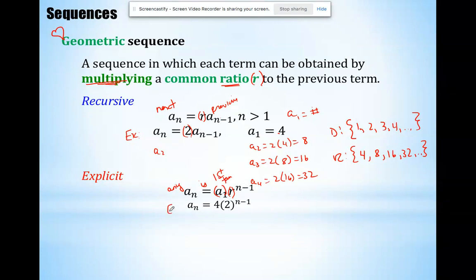The thing with explicit is you do need to know the first term. So for our example, where our first term was 4 and our common ratio was 2, check it out. Does that work for a sub 1? Yep. How about a sub 2? 2 to the 2 minus 1 is 2 to the first. 2 to the first is 2, times 4 is 8. Check.